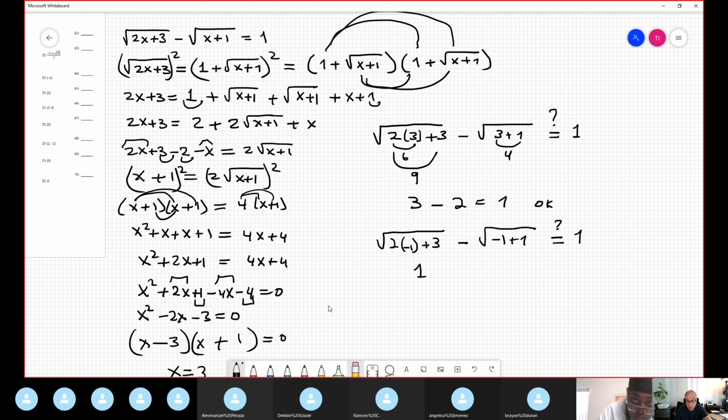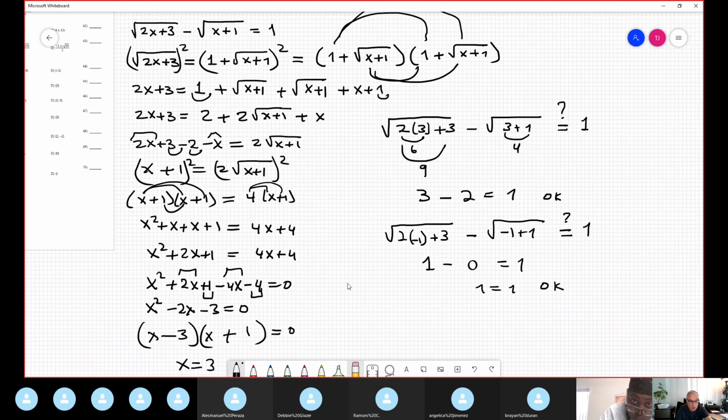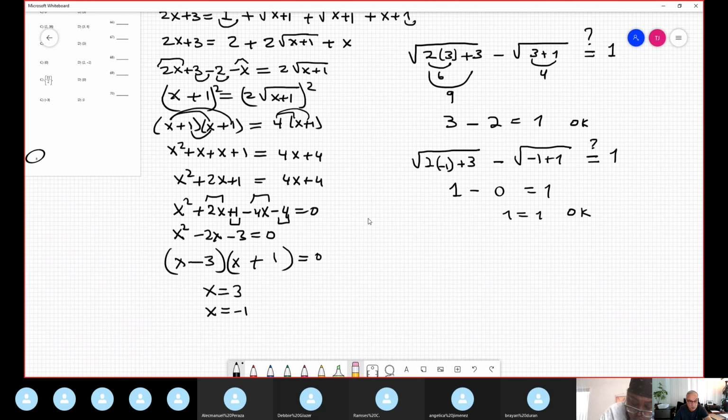And square root of 1 is 1. And negative 1 plus 1 is 0. Square root of 0 is 0. Again, 1 equal 1 is true again. Okay. Therefore, both solutions work: positive 3 and negative 1.